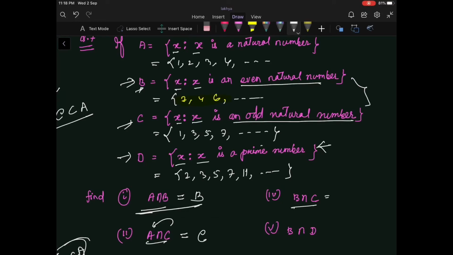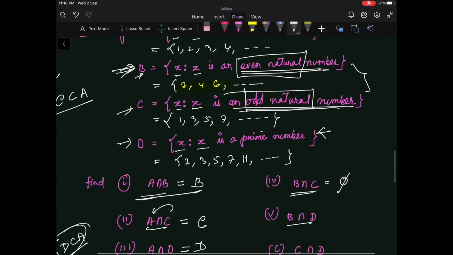So it is obvious that there should not be any common elements, and here the answer is empty set. Because set B is a set of all even natural numbers, and here odd natural numbers. So odd and even cannot be common. That's why the result of B intersection C is empty.